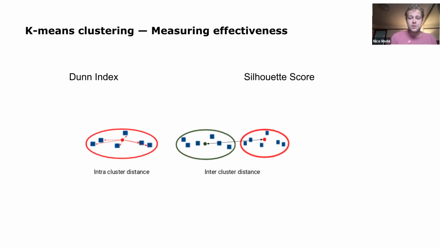The difference between the two is that the silhouette score also compares a cluster to itself. It's still a ratio, you're still comparing inter versus intra, but it compares a point to its mean centroid and uses that as a heuristic instead.